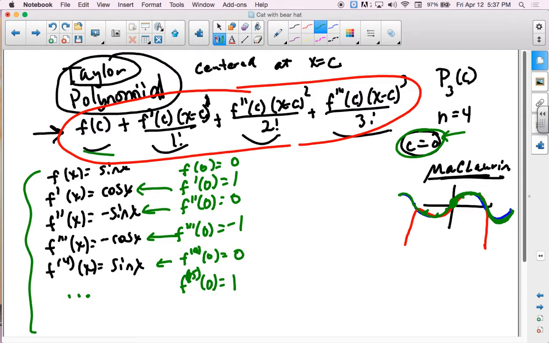Now I'm going to use this little formula to write the Taylor polynomial for sine x. This polynomial will hug sine x for a while, centered at 0. The more I write, the more it'll hug.